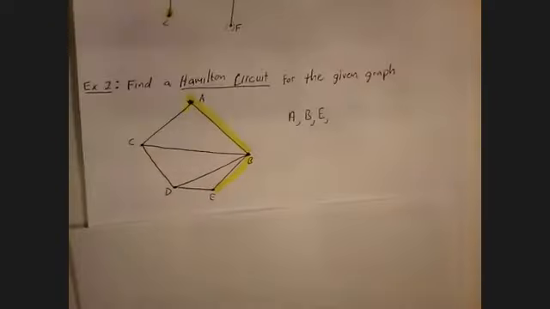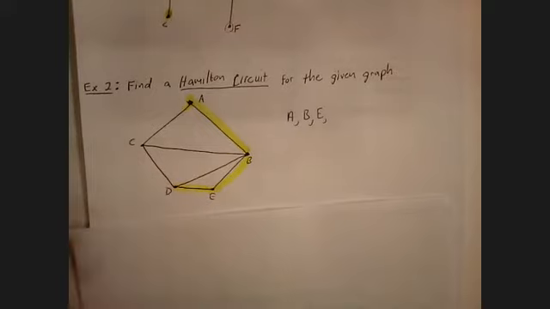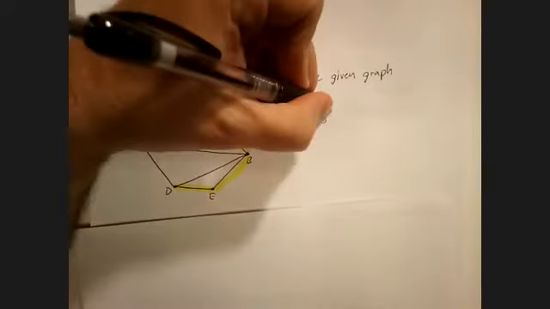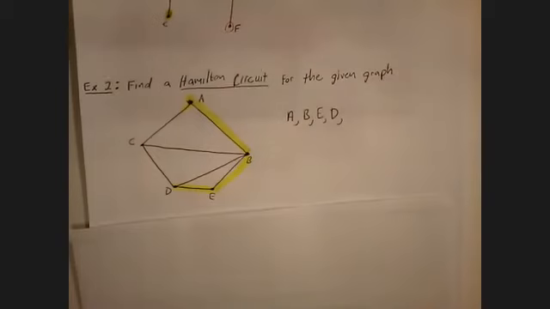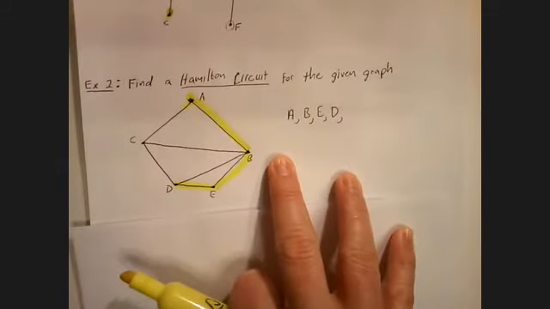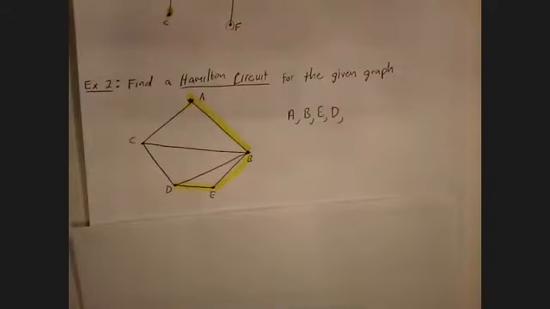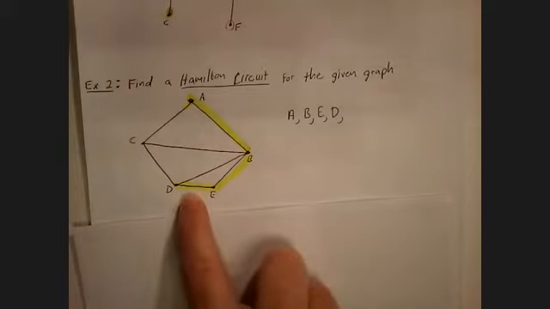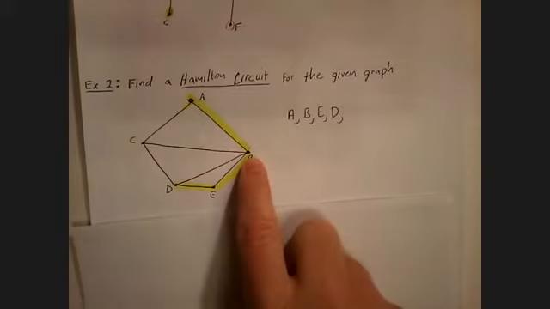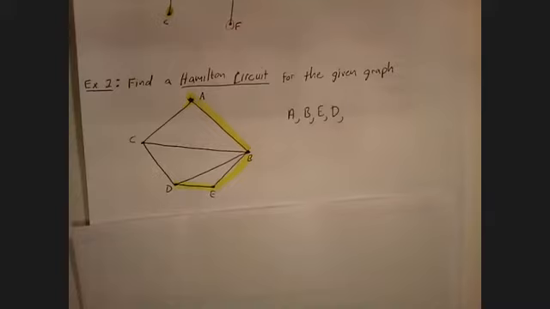I'm going to go to D. Now, at this point, I got to end up at A. So I better hit, I think, B. Nope, I got to go to C. It's not about the edge, it's about these vertices.